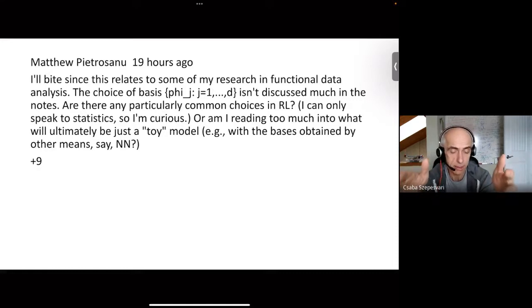You can take advantage of symmetries of the problem. Actually, Jude in his presentation is talking about these questions quite a bit. He's an economist, so he cares about a certain type of problems. He understands in those problems what properties buy you what, and how you should be setting up your functional approximation in each and every case for those settings.